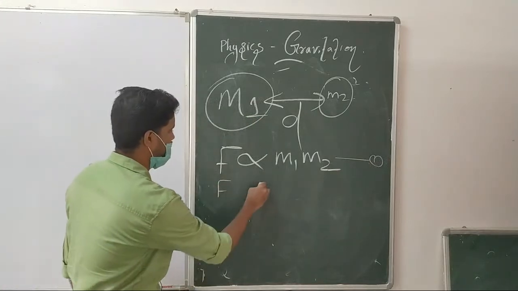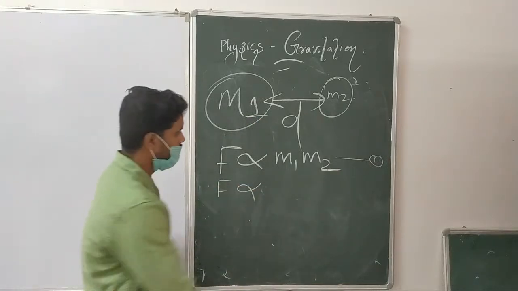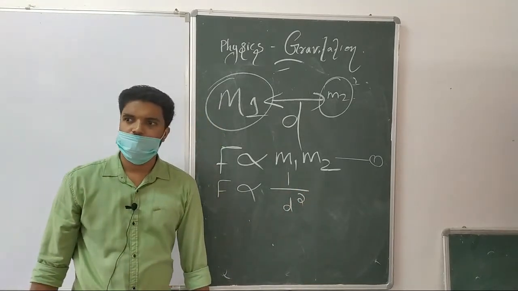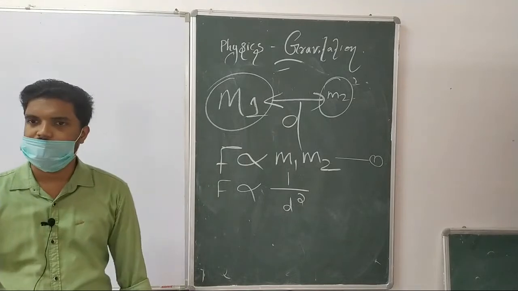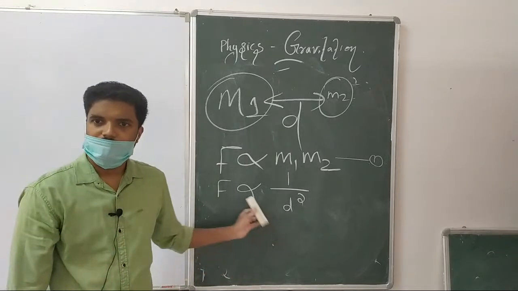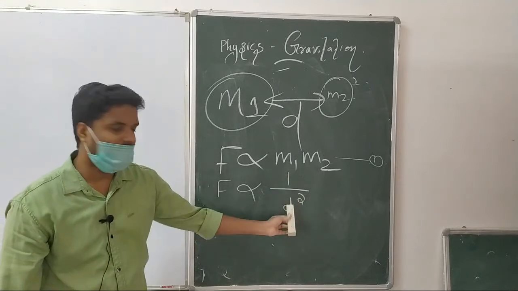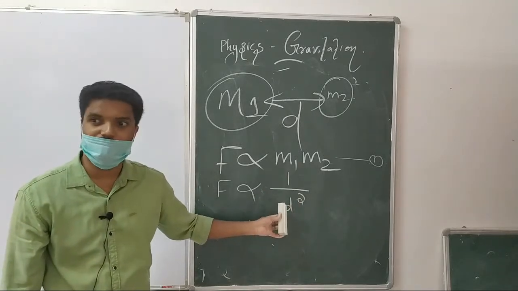Second one: F proportional to 1 by d square. Whenever 1 by d square is there, you can call it inverse proportionality.